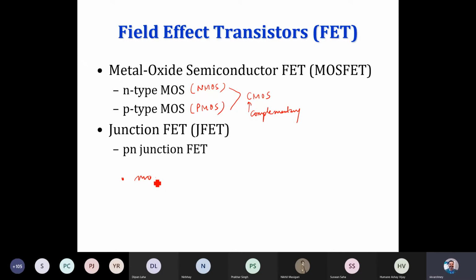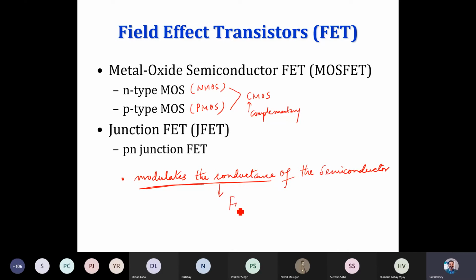We simply modulate the conductance of the semiconductor. Since we have the control to change the conductance of the semiconductor, we call it a field effect.